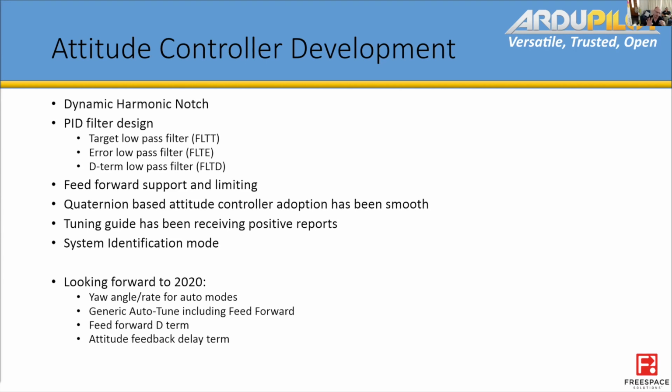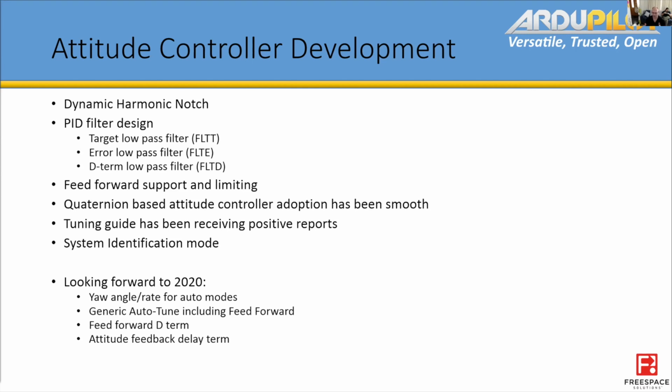That allows you, for an X8 for example, to take care of the first harmonic, which is an unbalanced propeller, the second harmonic, which is your blade passage frequency, and your fourth harmonic, which is the interaction of the upper and lower blades as they pass over each other. For an aircraft using tri-blade props, you get the first, the third, and the sixth harmonic.